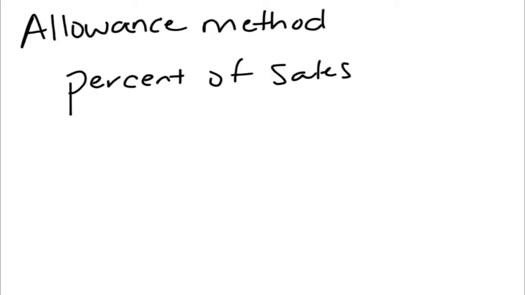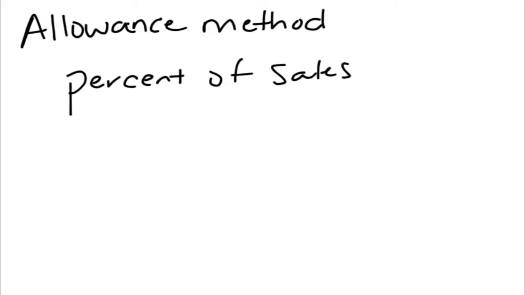So let's go back to the first one, percent of sales. It is exactly what it sounds like. I'm going to make an adjusting entry, that one that we showed you before, we're going to redo it. And I'm going to base that entry off of the percent of sales I estimate that I will not collect, or that will be uncollectible. So I'm literally going to look at credit sales.